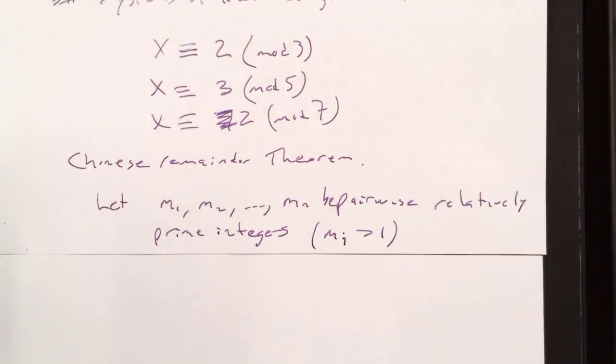So my moduli, M1 through Mn, are pairwise relatively prime. Means the greatest common divisor of any 2 of them is 1.